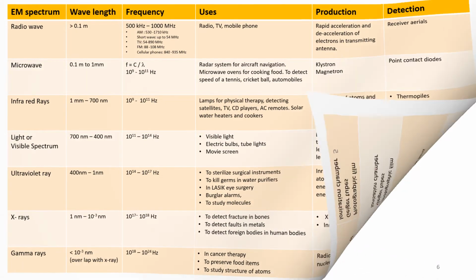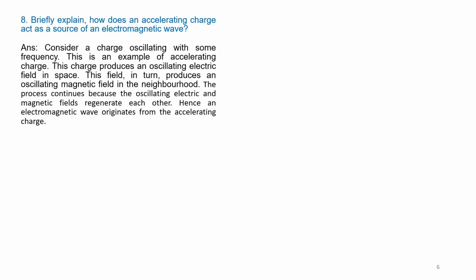Question number 8. Briefly explain how an accelerating charge acts as a source of electromagnetic wave. Consider a charge oscillating with some frequency. This is an example of an accelerating charge.